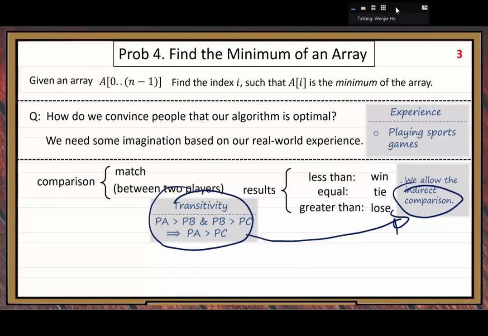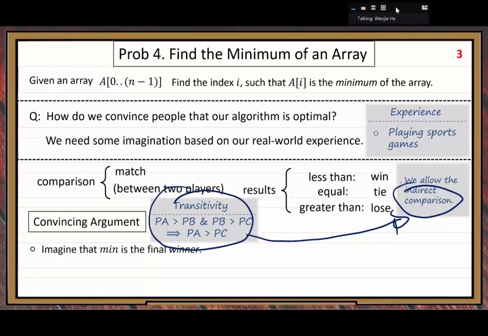Let's do it step by step. We need to make sure each step is correct, otherwise we cannot move to the next step. Each step we need to really make sure there is no logic reasoning problem.